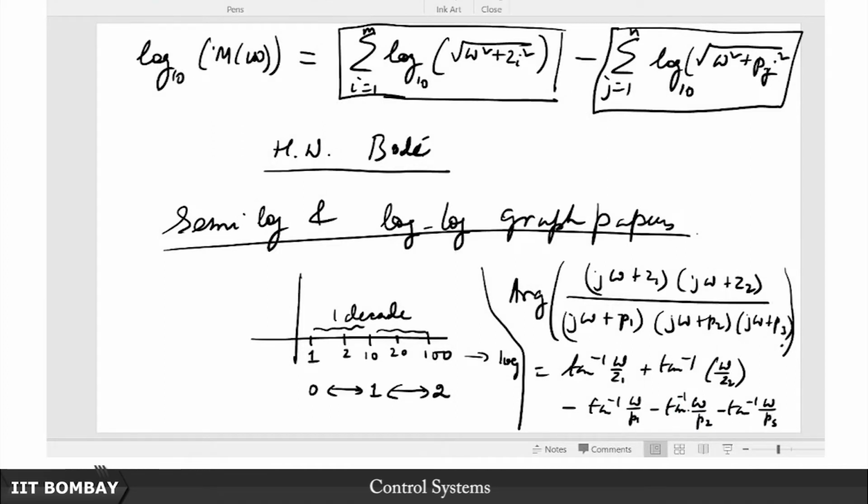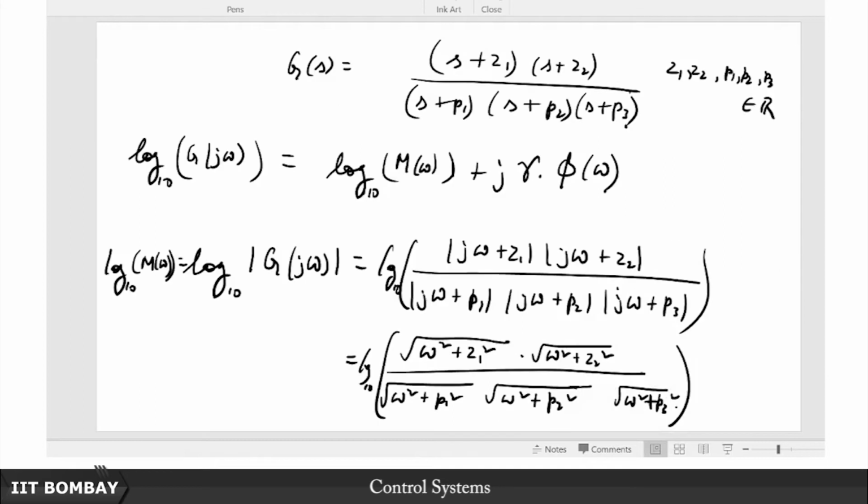In other words, you take the individual arguments of the ones in the numerator, add them together, take the individual arguments in the denominator, add them together and take the difference. But that is exactly what we did with the magnitudes. So that is the beauty of this.